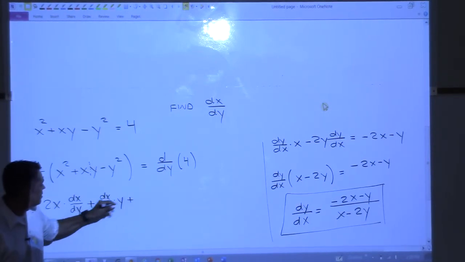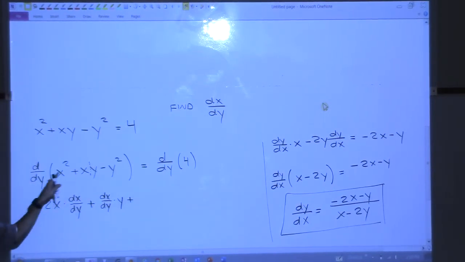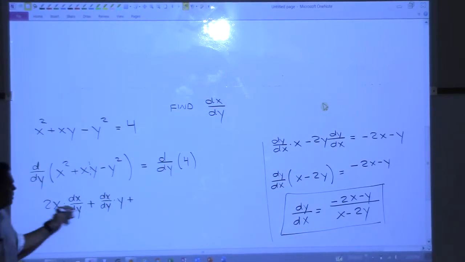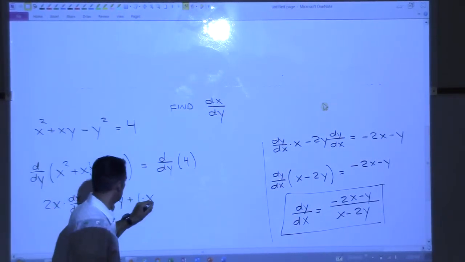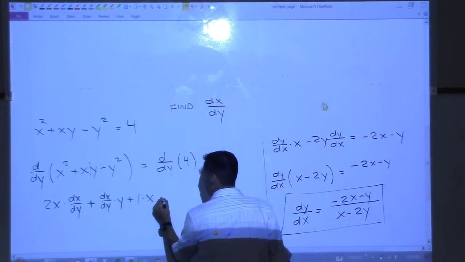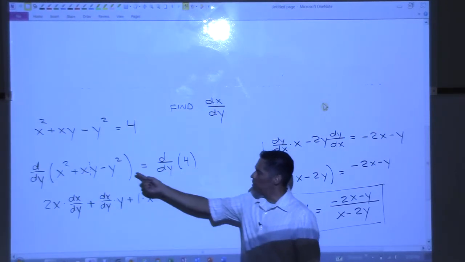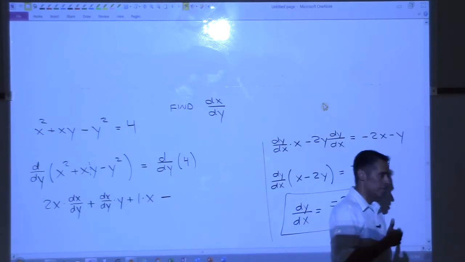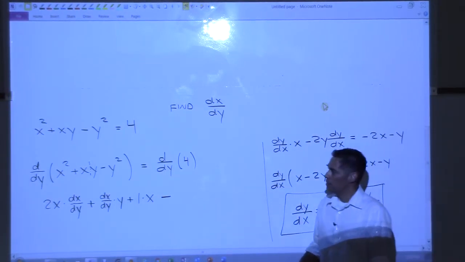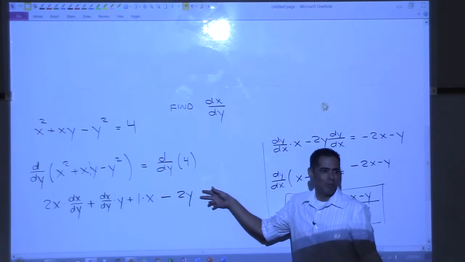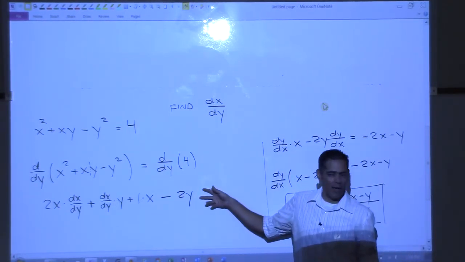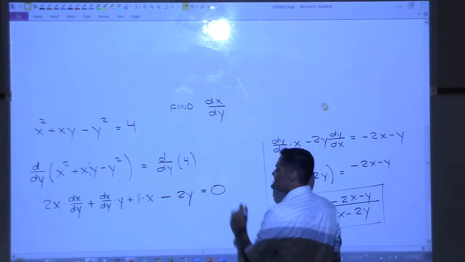And then plus, now the derivative of y with respect to y, which is 1 this time, because it's the same variable, dy/dy, times x, finishing the product rule. Minus, what's the derivative of y squared with respect to y? 2y. And then it would be again dy/dy, but that's 1, so I don't need it. And the other side's 0.